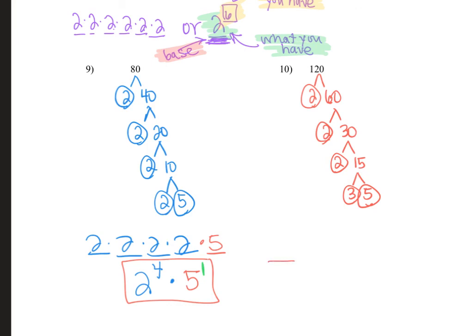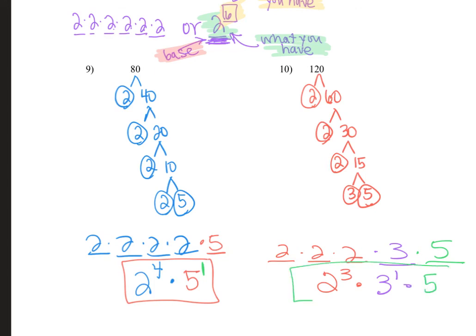So I have 1, 2, 3 2's, 1 3, and 1 5. So I have 2 times 2 times 2 times 3 times 5, which is 2 to the third times 3 to the first times 5. All done.